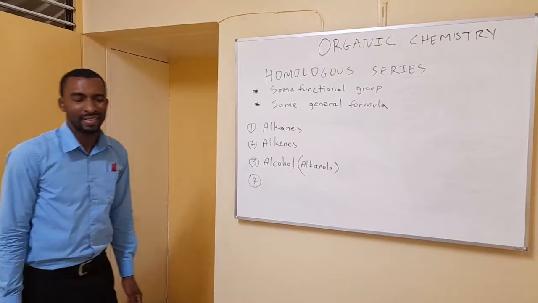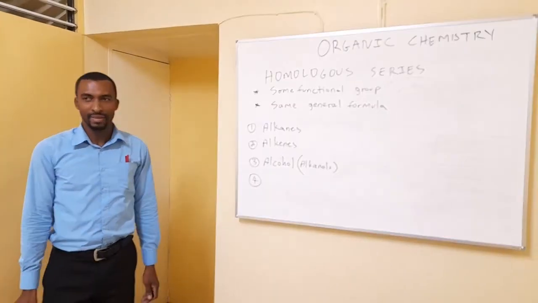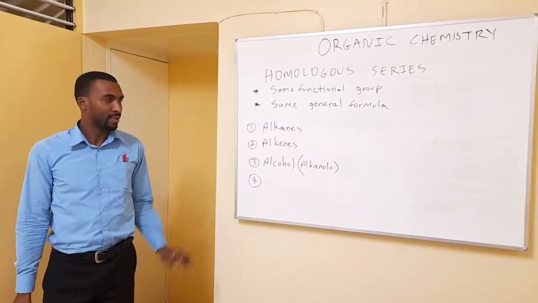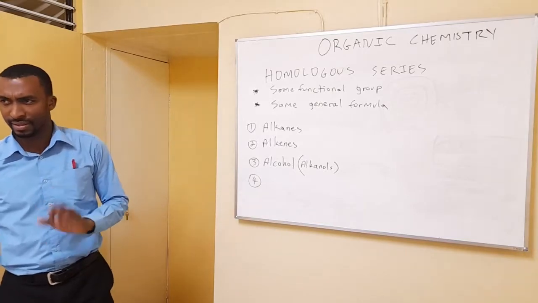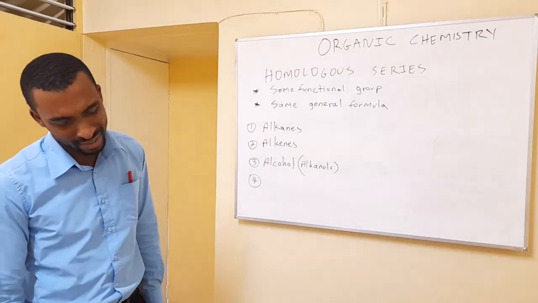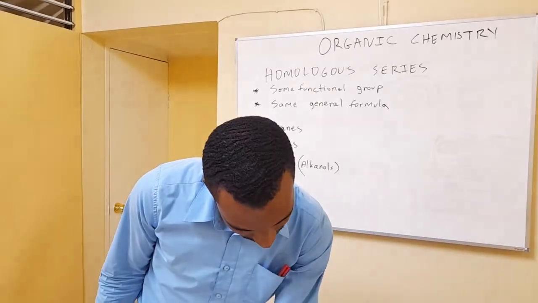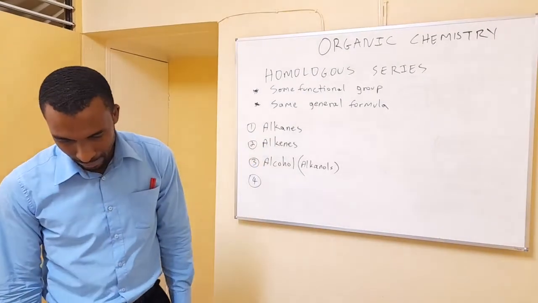Remember that there are several homologous series, probably about 10 different series, but we're just going to focus on these 4 since it's the introduction. That's what will be required for the syllabus. Those 4.